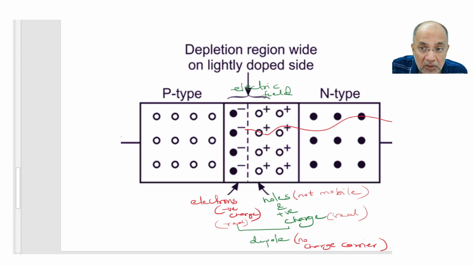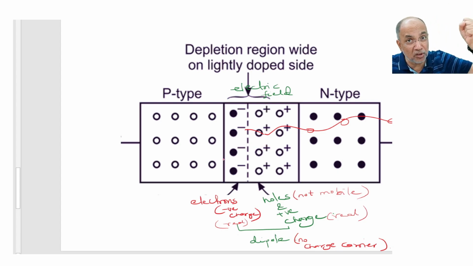Photons, these light photons which are allowed to fall, will remove one electron from the silicon atom. I'm not saying neutral in the sense that there is no free electron there. It will dislodge an electron from the silicon because of its energy.